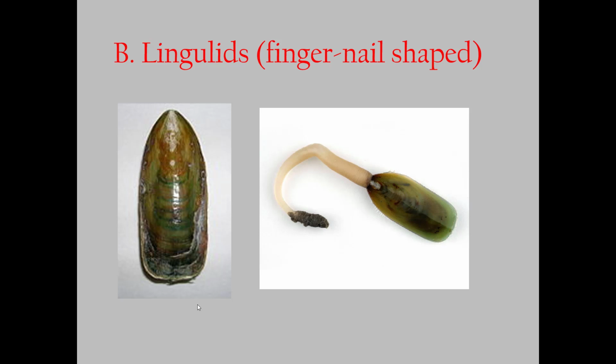Whatever the lingulids have done in terms of their evolution, they have figured out how to survive and not go extinct for the last 540 million years or so. They're doing really well, and have done so for the last 500 million years. So they really haven't evolved all that much, and if they have, their mutations haven't really taken off. So this is the working body plan for the lingulid, and it works for them.